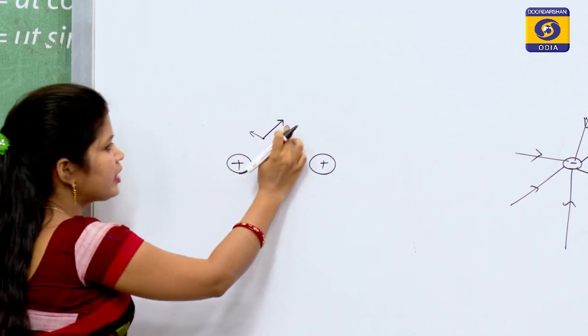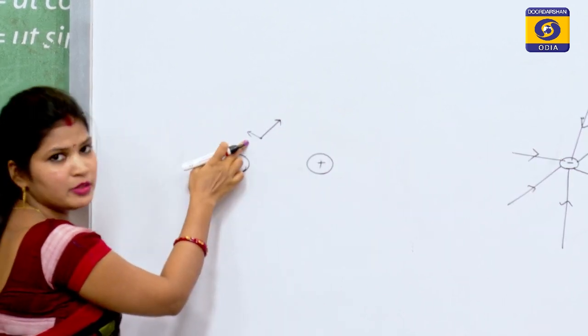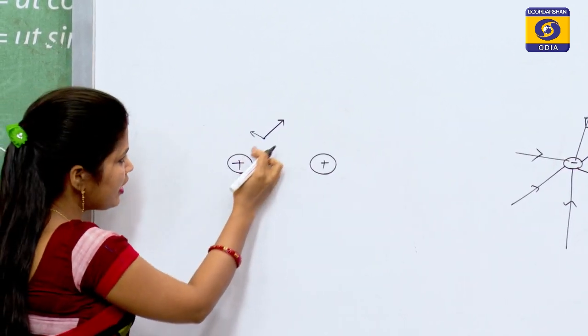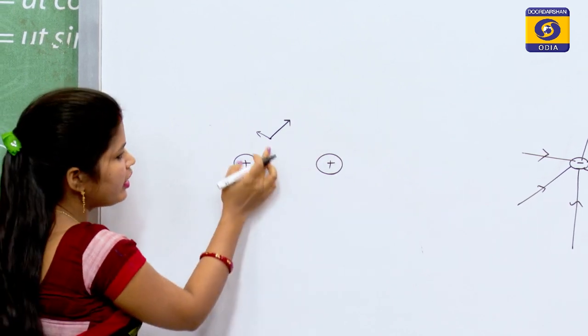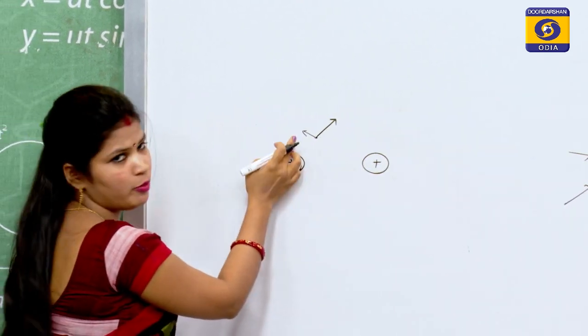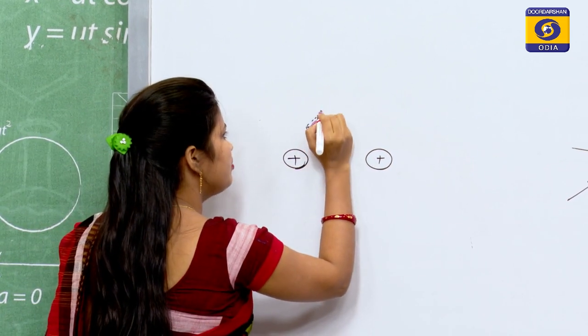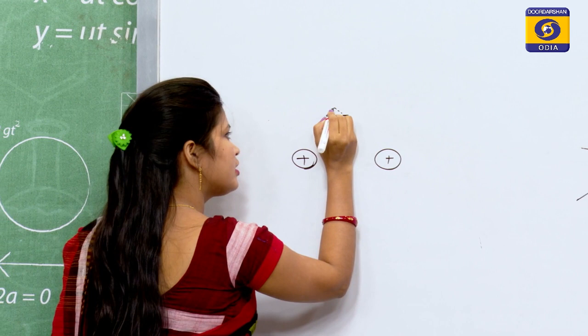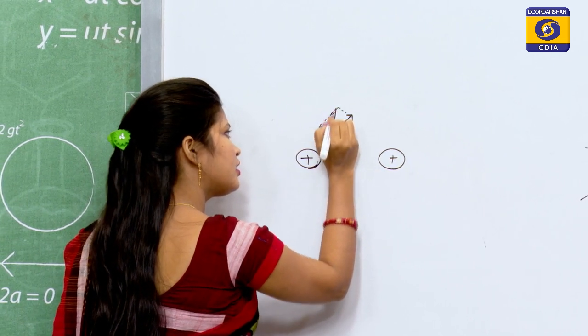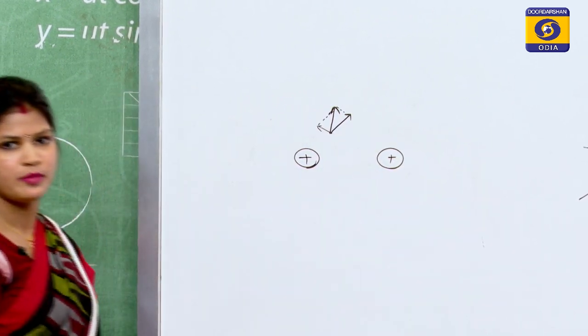But first electric field is more than second. Why? Because the distance is less, so electric field will be more, and here the distance is more, so electric field will be less. So, by drawing parallelogram we will get the resultant electric field, okay.